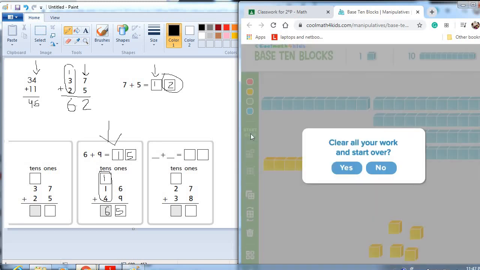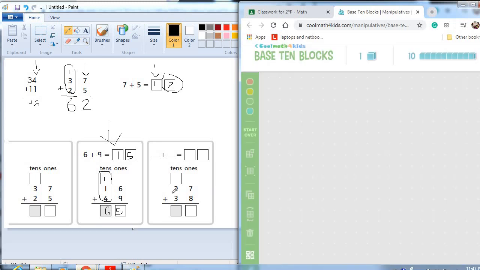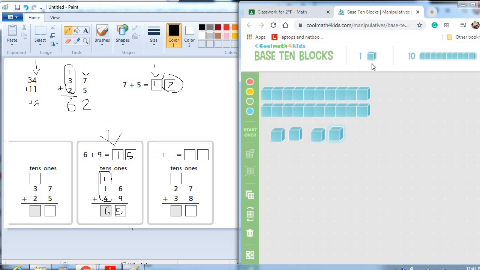Okay, let's start over. Let's do another one. 27 plus 38. First I make 20. Then I make 7. 1, 2, 3, 4, 5, 6, 7. 27.